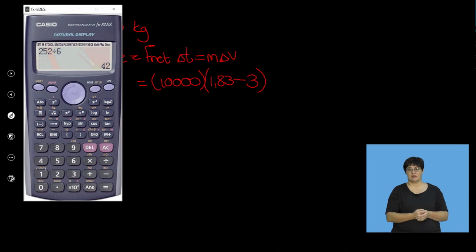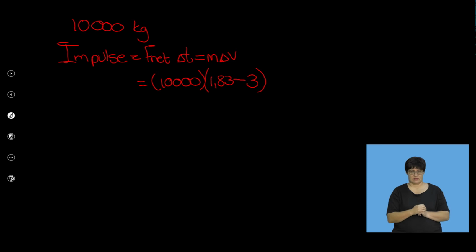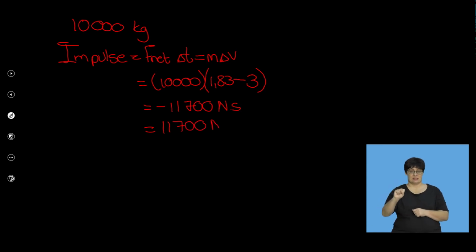All right, so we have 10,000 times 1.83 minus 3, and we get minus 11,700. But remember, we always make it into a positive, so it's 11,700 Newton seconds left.